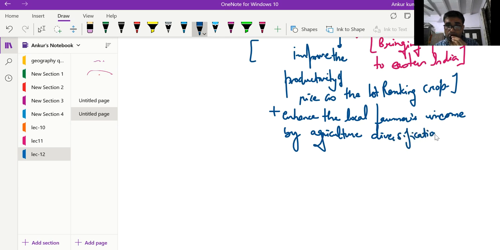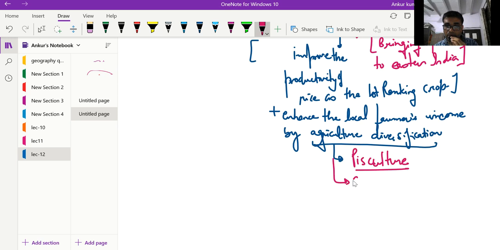Now what can be the components of diversification in the eastern region? The best components in the eastern region can be pisciculture. Other can be cattle farming.